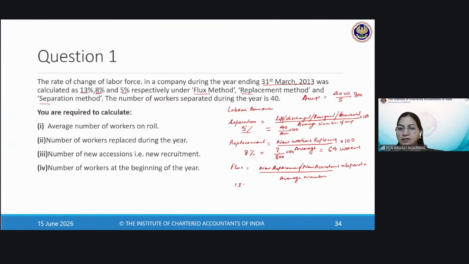So flux is 13%. We don't know the number of new replacement plus new accretions plus separations, divided by 800. This comes out to be 13% of 800, which is 104.